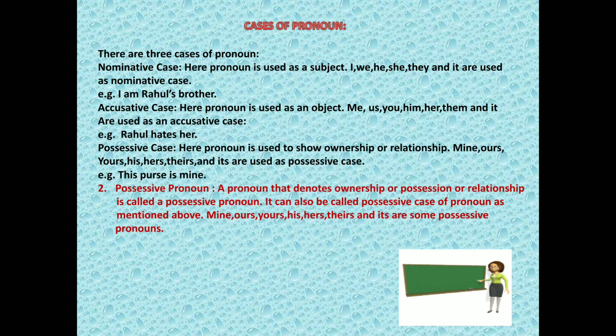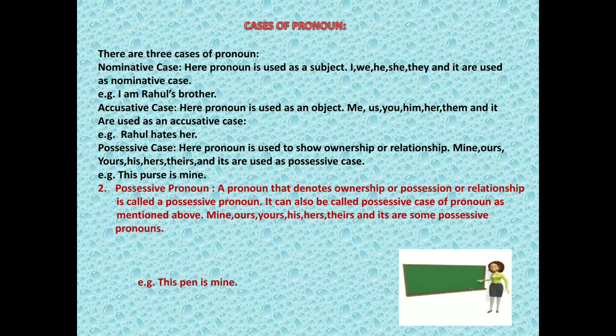So now we will read second type, and the name is possessive pronoun. Let's read the definition. A pronoun that denotes ownership or possession or relationship is called a possessive pronoun. It can also be called possessive case of pronoun as mentioned above. Mine, ours, yours, his, hers, theirs, and its are some possessive pronoun.